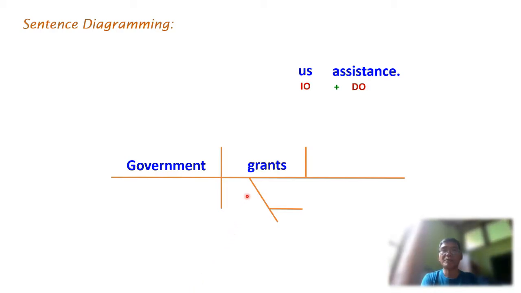The transitive verb grants has indirect object, which is the personal pronoun us. This personal pronoun receives the idea of the direct object assistance. So we have to put this personal pronoun us on the short horizontal line below the transitive verb grants.